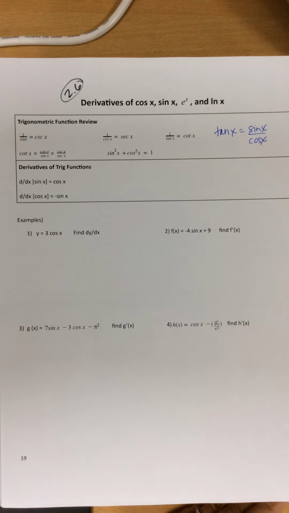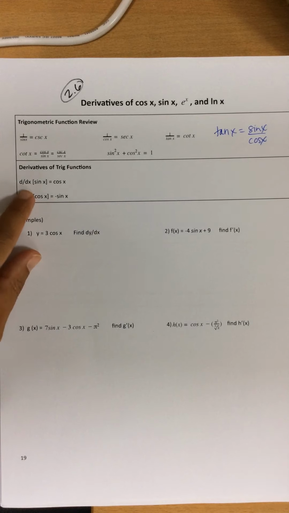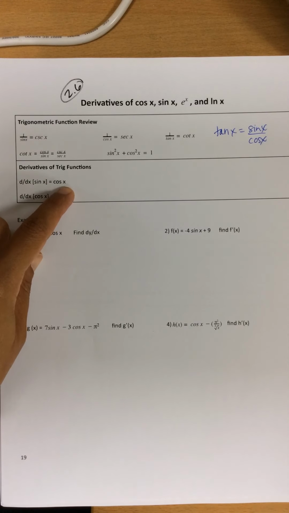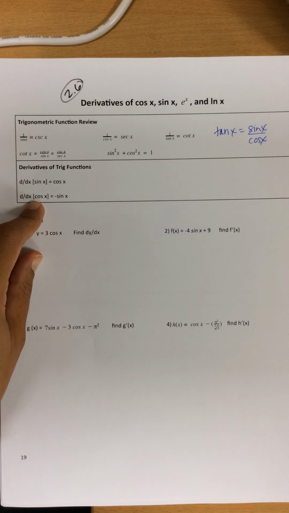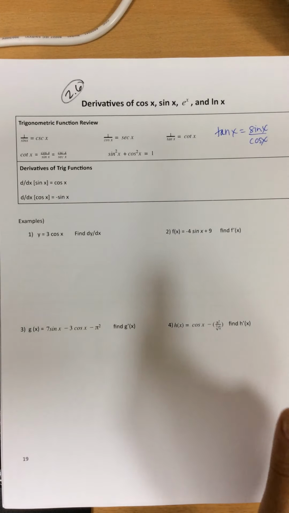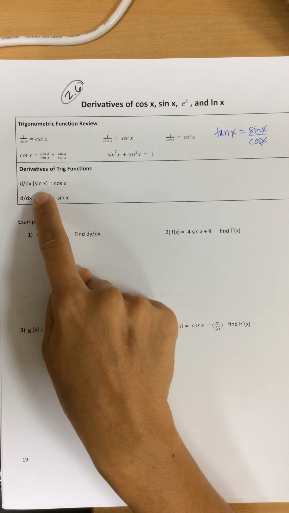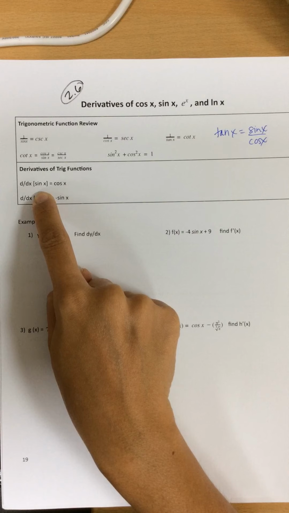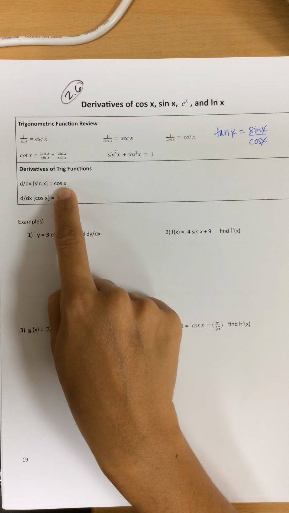But the two new things you're adding today are that if you have to find the derivative of sine x, it is cosine x. If you have to find the derivative of cosine x, it is negative sine x. The thing that is really cool about this is that if you make a graph of the slope of the tangent at every point of the sine x function, you would end up with a cosine graph.